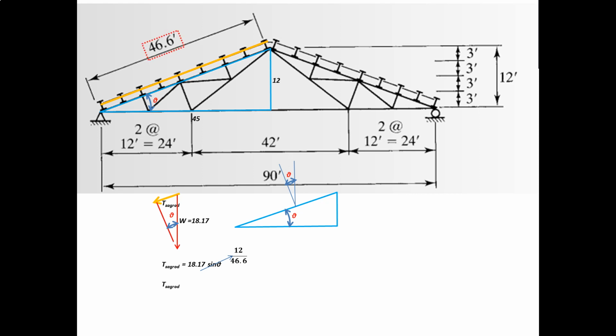So the force of the sag rod will be 18.17 times 12 over 46.6, and this will result to 4.679 kips.